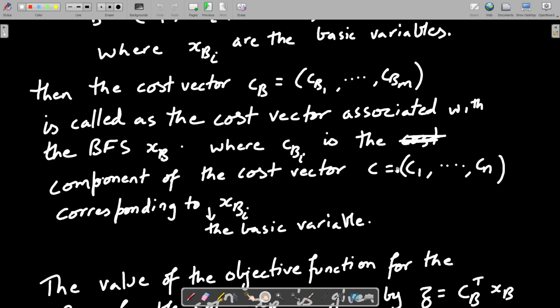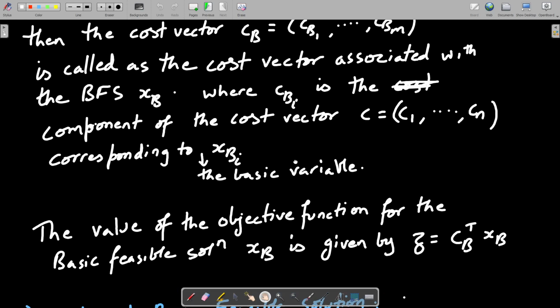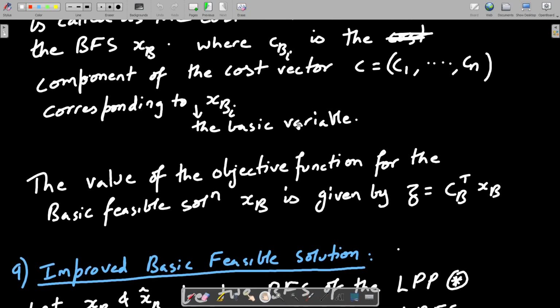So I had an original vector C1 up till Cn, and I will be taking only the values of Ci which are in the basis, corresponding to the basic variable XBi. The value of the objective function for the basic feasible solution xB is given by z = CB transpose into xB.